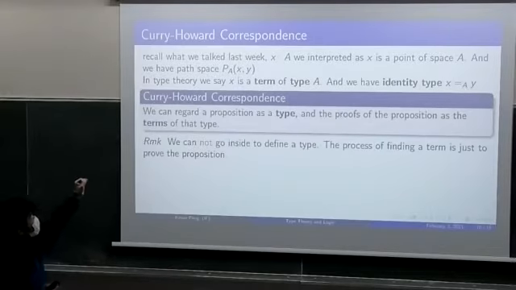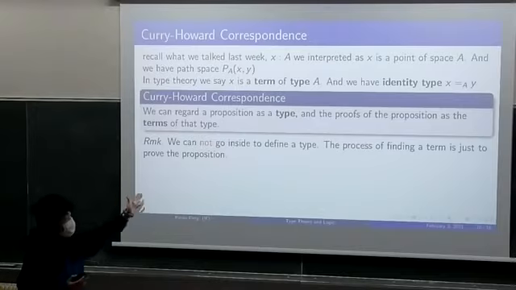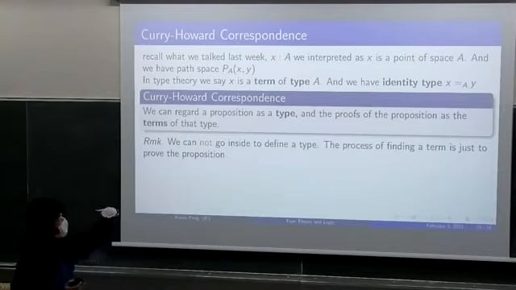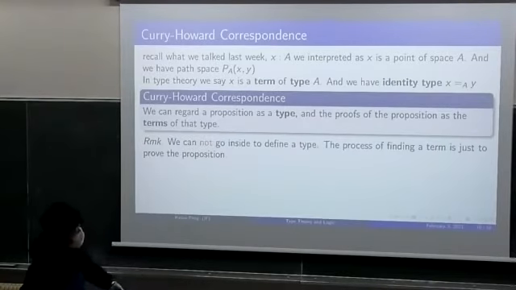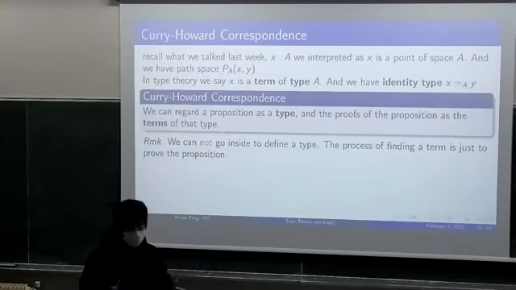The Curry-Howard correspondence is kind of a very trivial idea, you might see: we can regard a proposition as a type, and the proofs of the proposition are the terms of this type. It seems like nonsense, but I need you to notice that we cannot go inside a type, unlike in set theory, where we can pick some elements and then form a set.